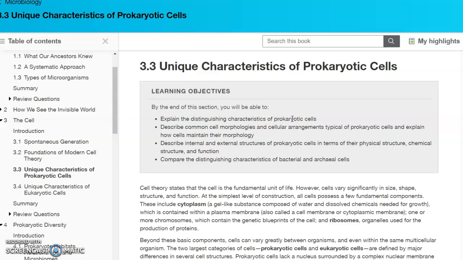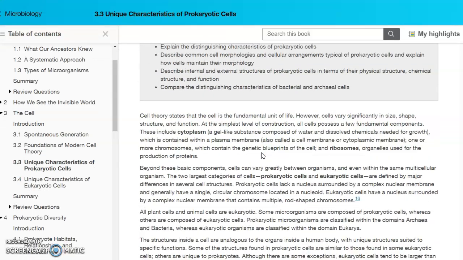So when we look at prokaryotes, they have cytoplasm, they have ribosomes, which are the sites of protein synthesis. They have the genetic material, the DNA, the RNA. They have chromosomes, but they don't have that membrane-bound nucleus.